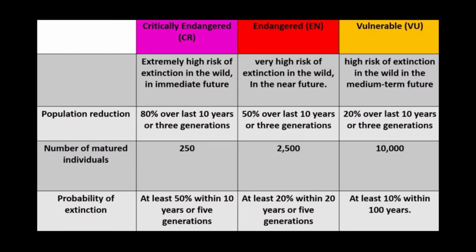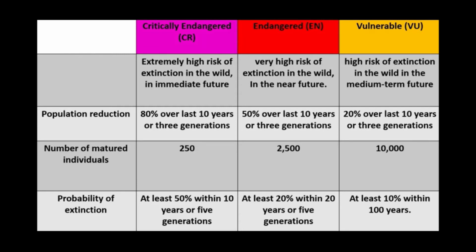Now these are some of the parameters by which we classify plant or animal species as critically endangered, endangered or vulnerable. Now, what are critically endangered species? These are the plant and animal species which are at extremely high risk of extinction in the wild in the immediate future.